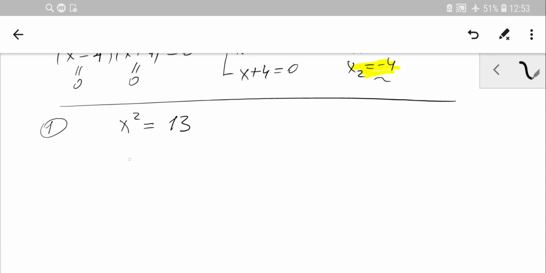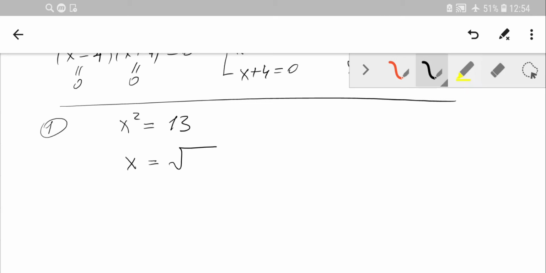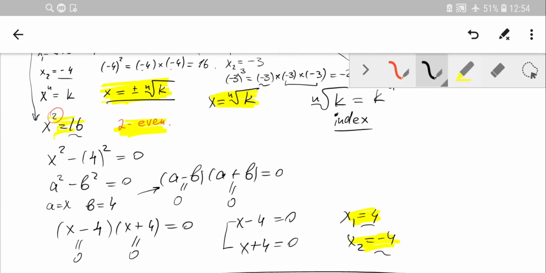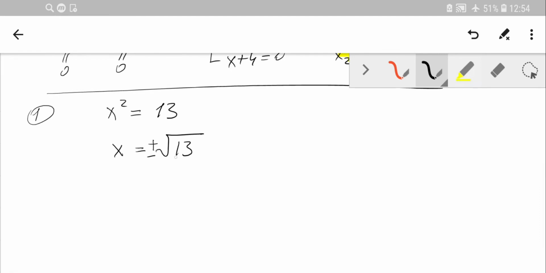Just by definition, we take the nth root, in this case the square root, of 13, and we put plus minus according to the formula, right? So if we take a calculator, we can figure out the value, but for sure it's going to be plus minus 3.61 to 2 decimal places. That's how it works.